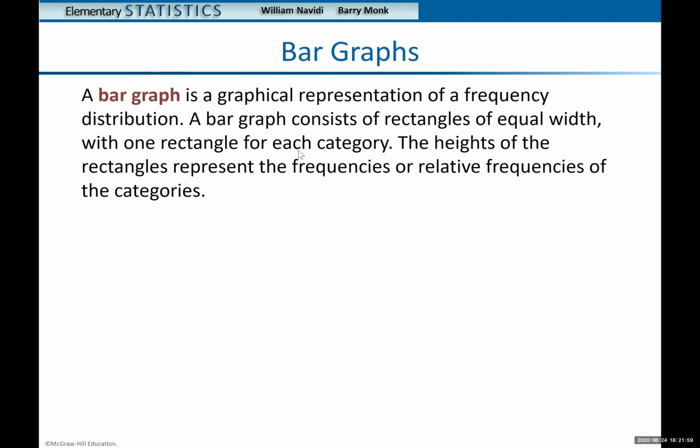So copy this definition of bar graph. It's a graphical representation of a frequency distribution. And it consists of rectangles of equal width. And the heights represent the frequencies or the relative frequencies.